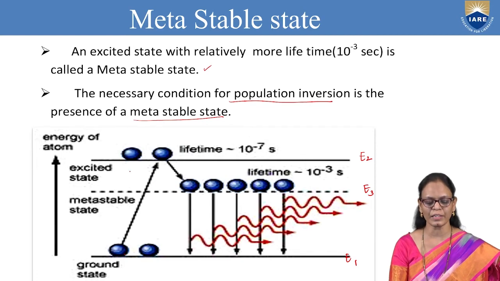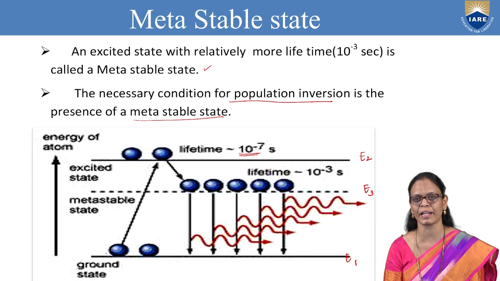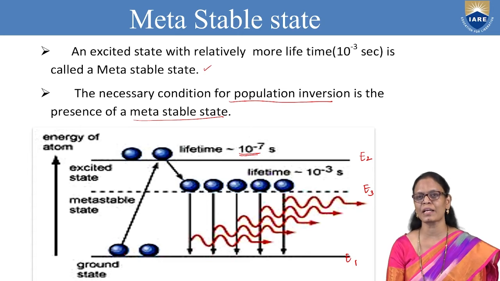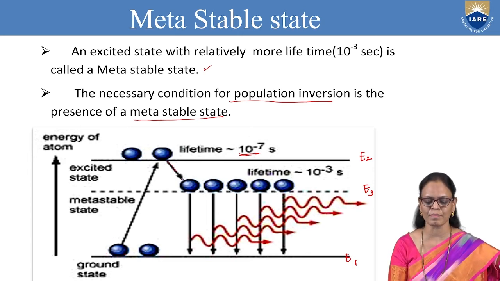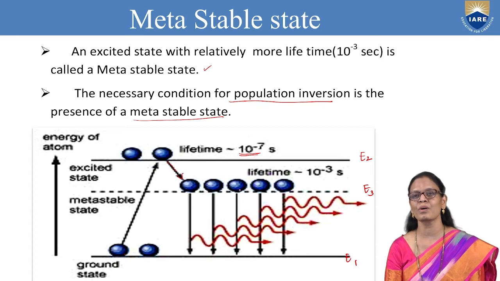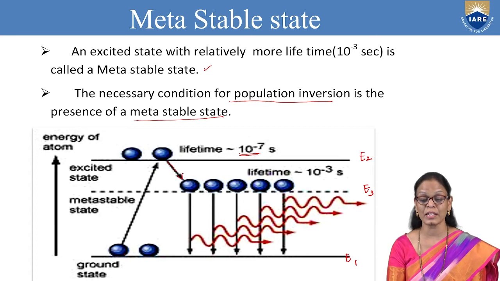Here, in this case, the lifetime is only 10 power minus 7 seconds. After 10 power minus 7 seconds, these atoms have to come to the lower energy level. So, there is a de-excitation. And in this state, the atoms can stay for 10 power minus 3 seconds, which we are calling the metastable state.